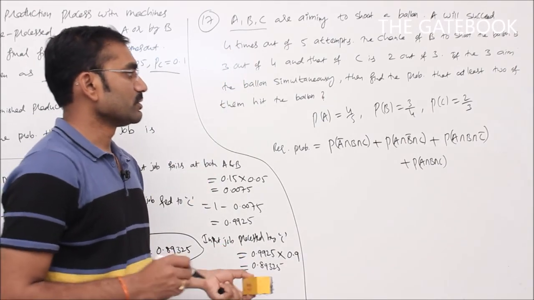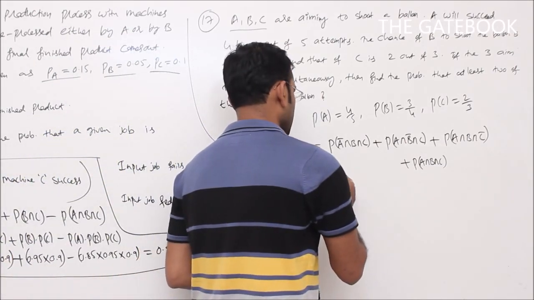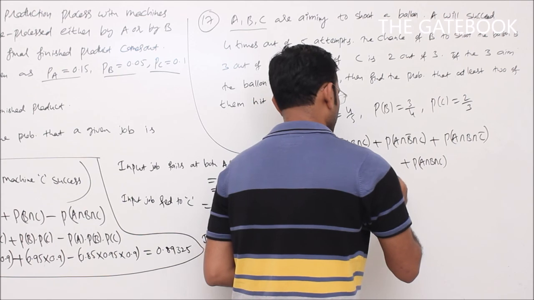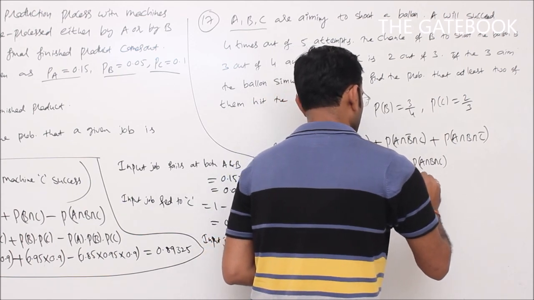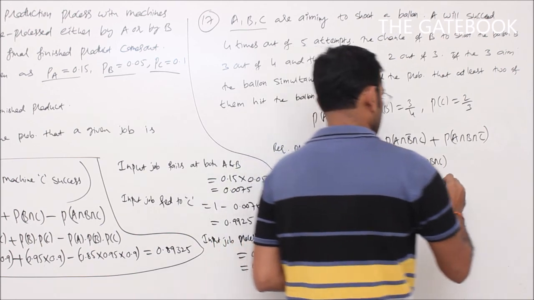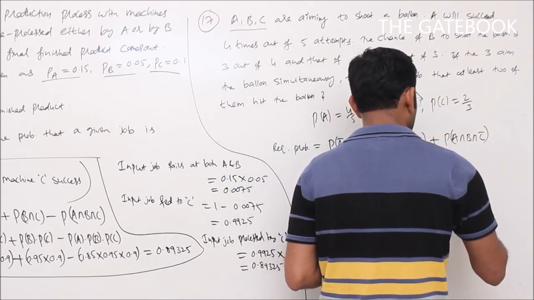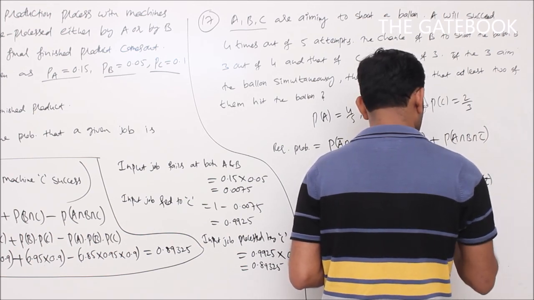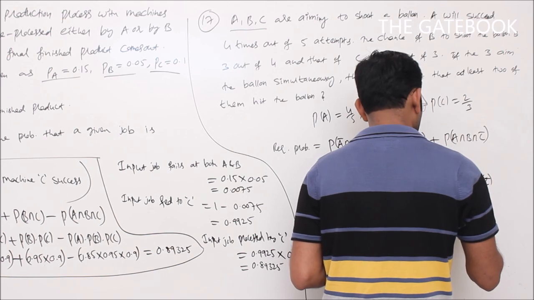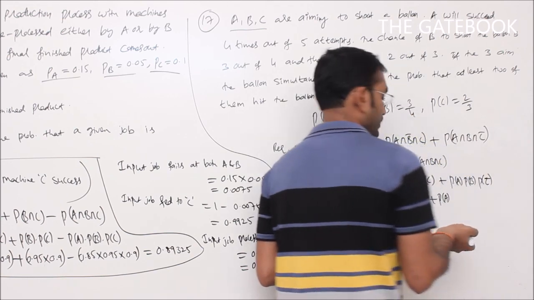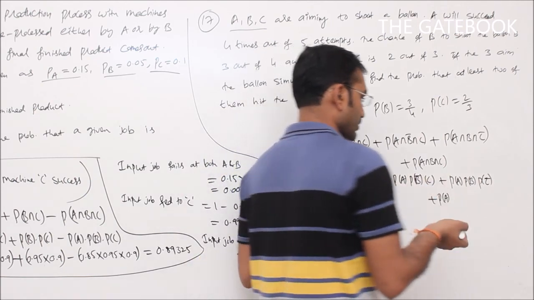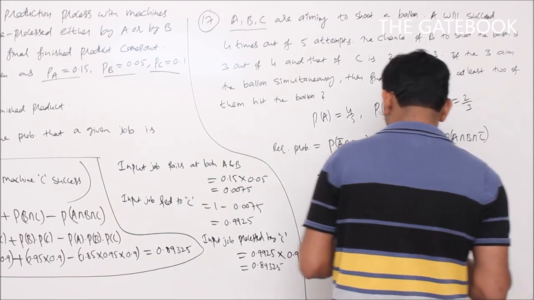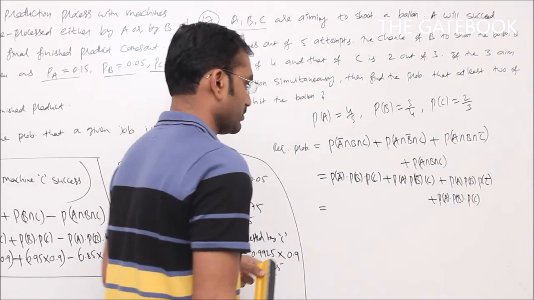So I can write this as P of A bar into P of B into P of C plus P of A into P of B bar into P of C, since hitting the balloon by A, B, C are independent. Also, if A and B are independent, then A bar and B are independent, B and A bar are independent, and A bar and B bar are also independent. So using those, I can write P of A bar as 1 minus P of A.